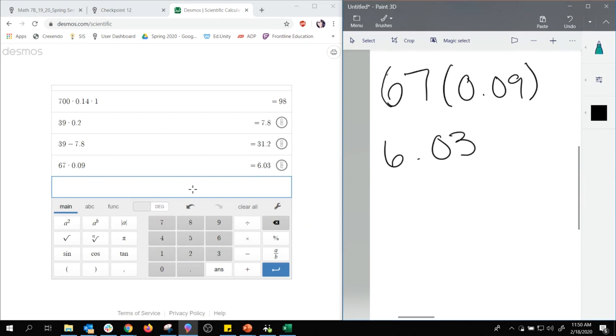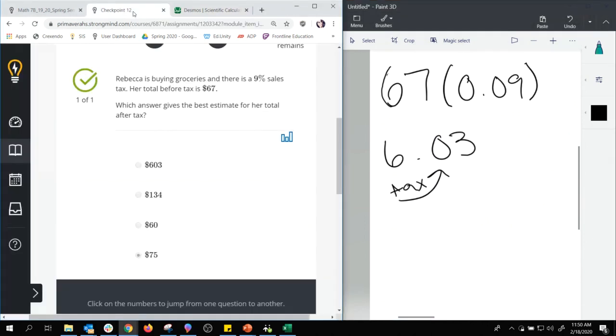So this $6.03 represents the tax. That is how much she is going to be charged in tax. Now, this one is a little bit different from the one we just did, because that one was dealing with a discount. This is dealing with a sales tax. Is sales tax added on or subtracted from your total?